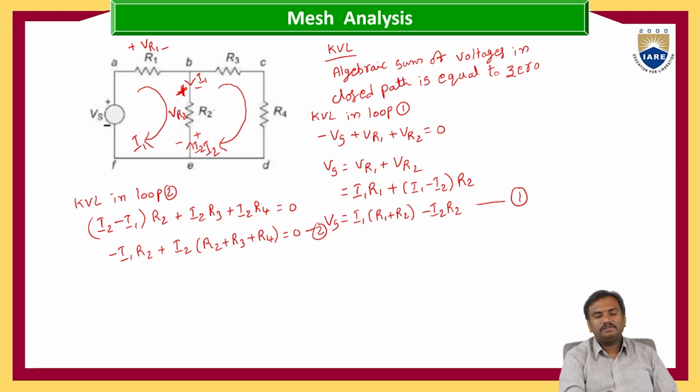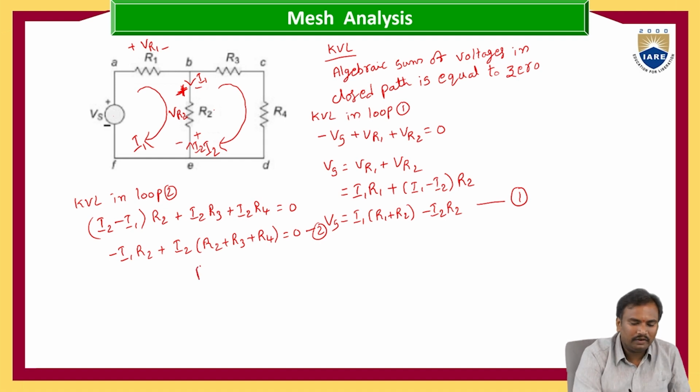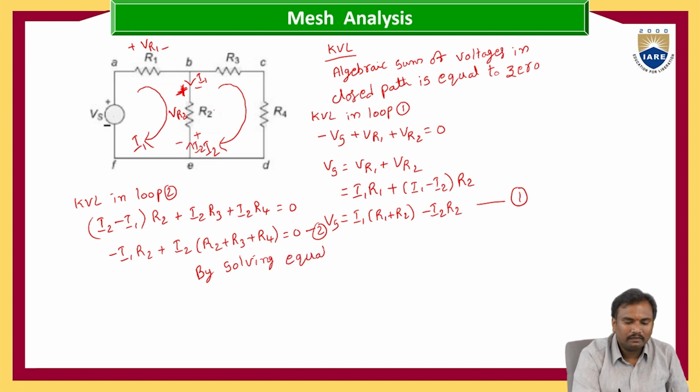Two equations, two unknowns. R1, R2, R3, R4 values and Vs values are given. We have to calculate I1 and I2 by solving equations 1 and 2.